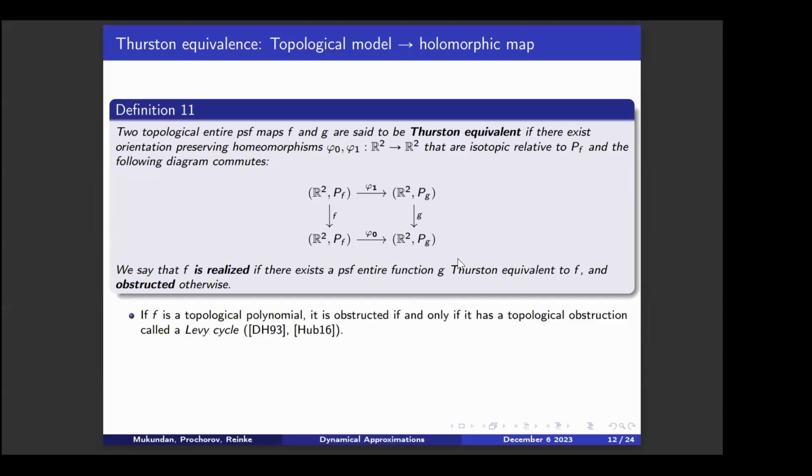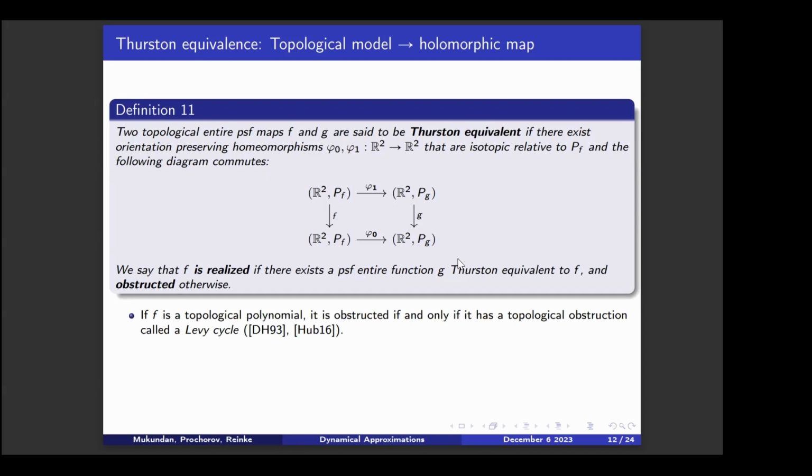It hasn't been solved in general, but it has been solved for topological polynomials. If you have a finite degree Thurston map, it is obstructed if and only if it has a topological obstruction called a Levy cycle. A Levy cycle is basically some multicurve on the plane, or in this case the sphere, and it has certain nice properties under iteration of F.